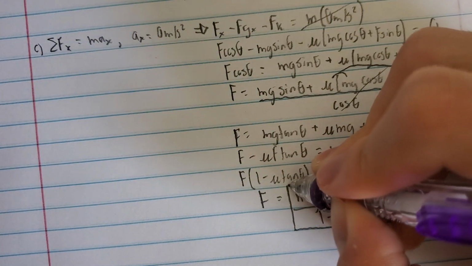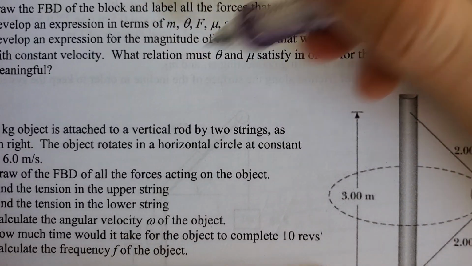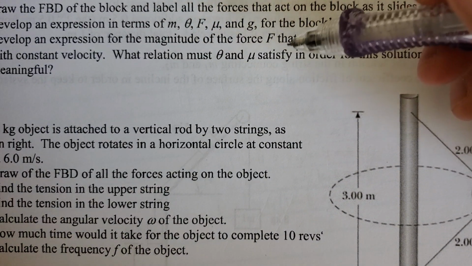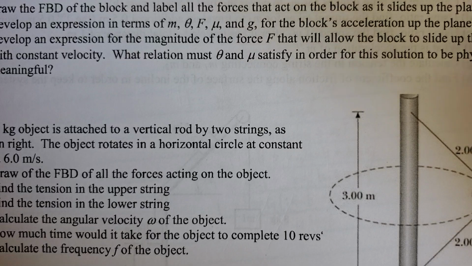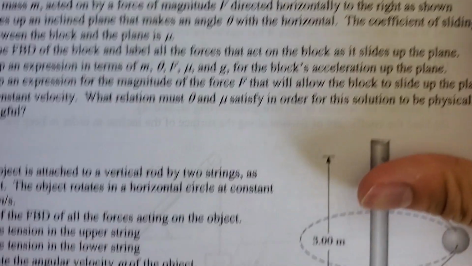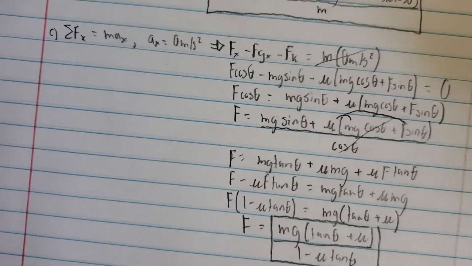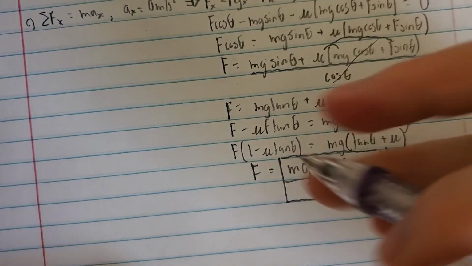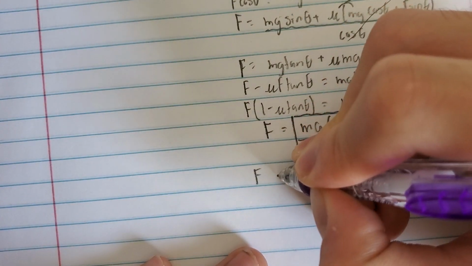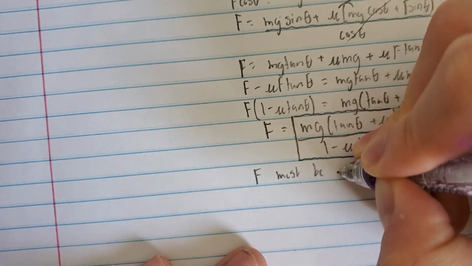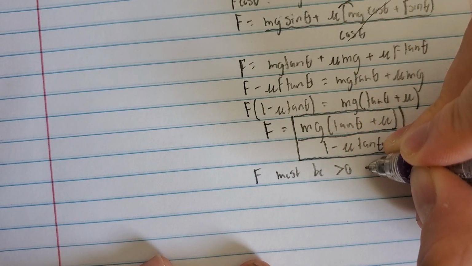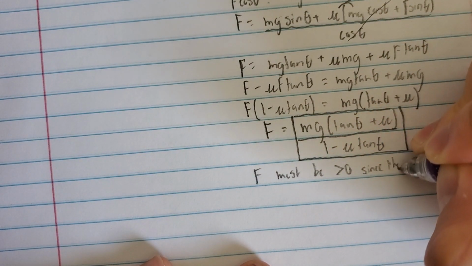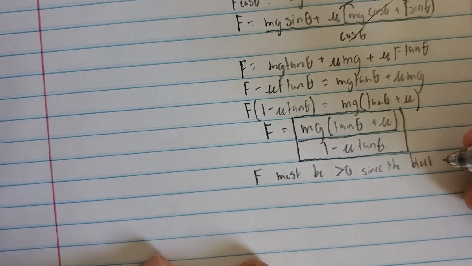Now, the second part of part C, as a reminder, we are asked what relation must theta and mu satisfy in order for this solution to be physically meaningful. Okay, so our F must be greater than 0 since the block is traveling up the incline.